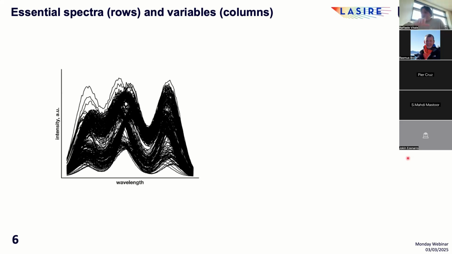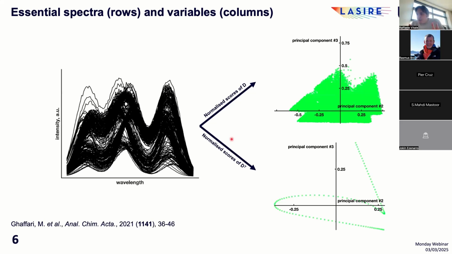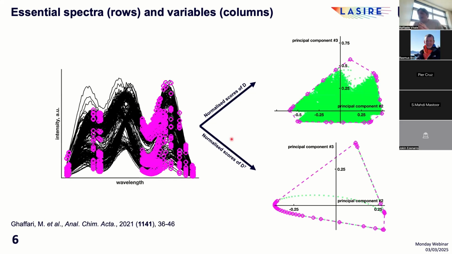For a joint selection of essential spectra and essential spectral variables, adapting the methodological procedure I showed you before is basically straightforward. It is only required to estimate the convex source of the normalized PCA scores point clouds of the original data matrix and of its transpose.